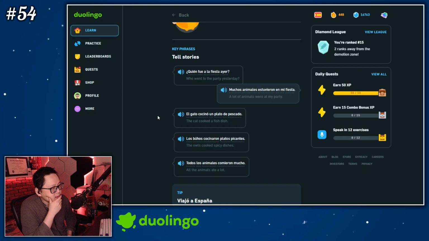Los búhos cocinaron platos picantes. Okay. So, no, estar is special. So we have cocinar into cocinó, and then cocinar into cocinaron, which is the plural, right?